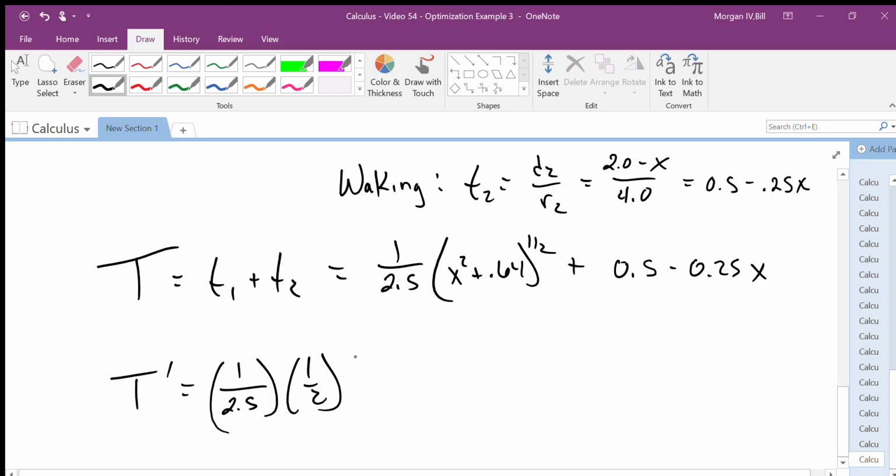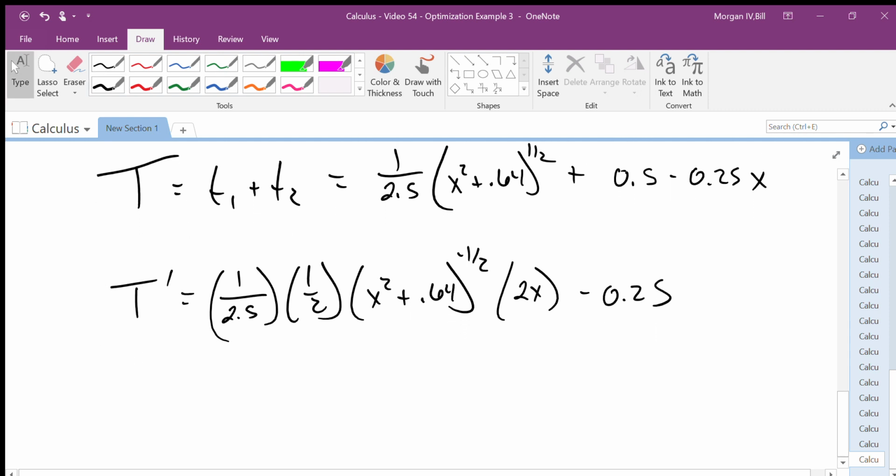We will get (x squared plus 0.64) to the negative 1/2. Chain rule, times 2x. And then minus, this 0.5 derivative is 0, and minus 0.25x becomes just minus 0.25. We want to know when is this thing undefined, and when is it equal to 0.